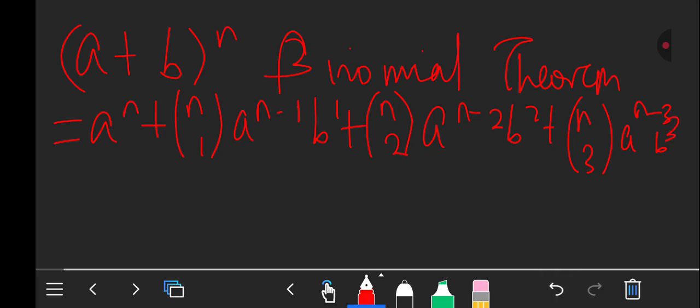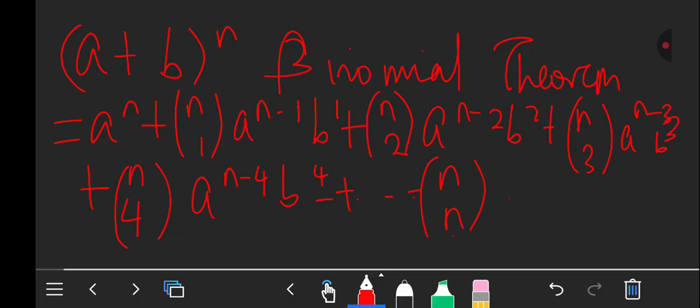Then again you continue, n combination 4 like that, a to the power n minus 4, b to the power 4. So you continue plus until a point whereby you have n combination n, a to the power n minus n, then b to the power n. When you reach this point, then you are done. That is the end of the expansion.